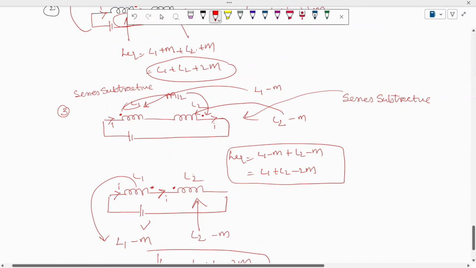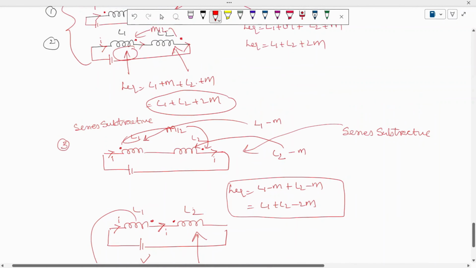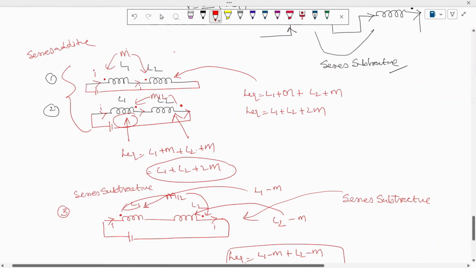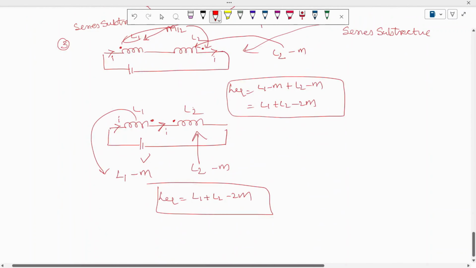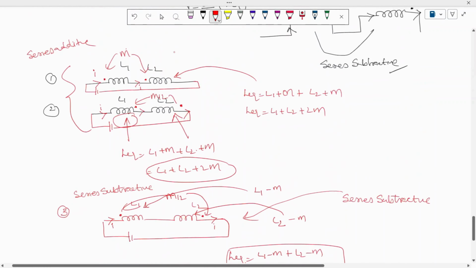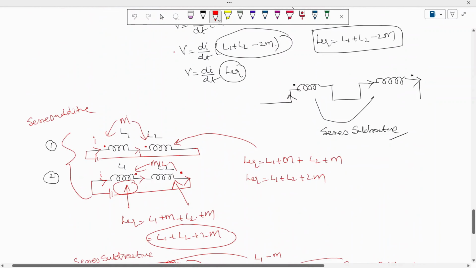So these are the four possible configurations, which we call series additive and series subtractive. In series additive, the flux gets aided. In series subtractive, the flux is subtractive in nature. So L equivalent in this case is L1 plus L2 plus 2M, where current can enter both dots or current can leave both dots.